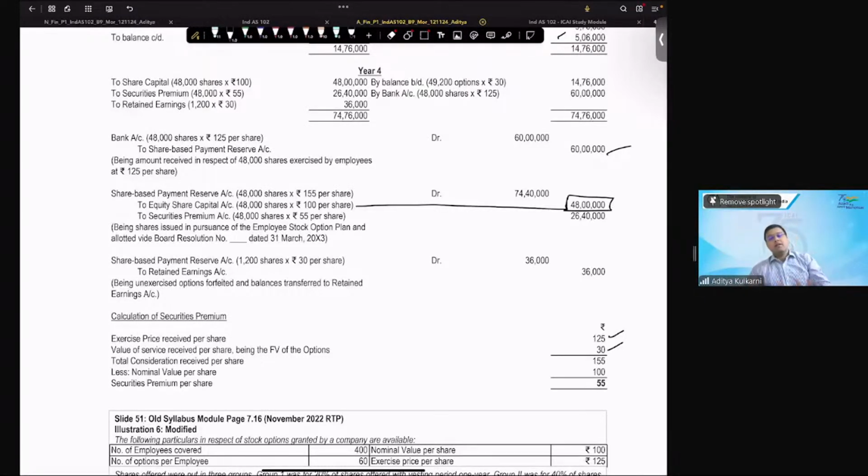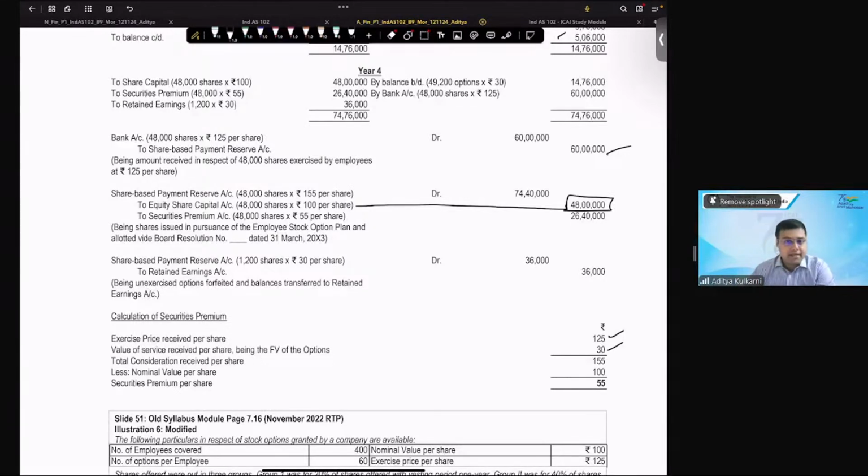The 3-year service that they are rendering is valued at 30 rupees per option. Yes or no? Don't get sentimental about the numbers. 125 for money and 30 rupees for 3 years of hard work. Don't get sentimental about that. It happens like that only.